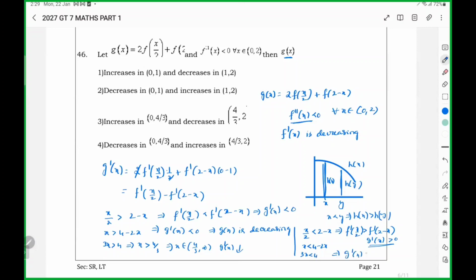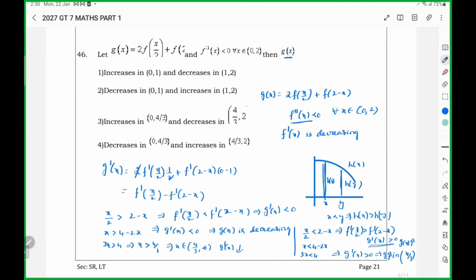G dash x greater means g of x is increasing. So it increases where x is less than 4 by 3.